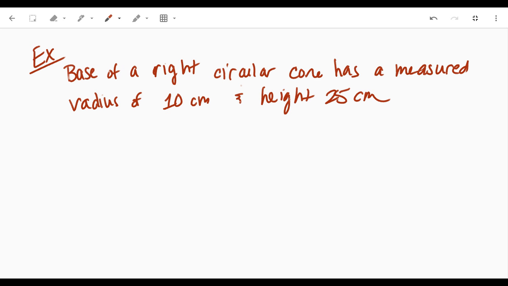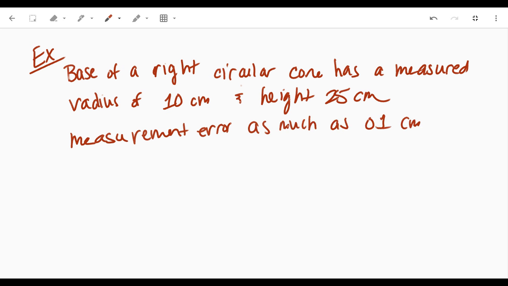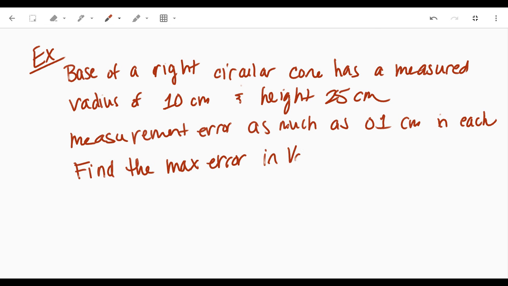Measurement error would be as much as 0.1 centimeter in each measurement. I apologize for the handwriting here. It's the program. Find the max error in volume.